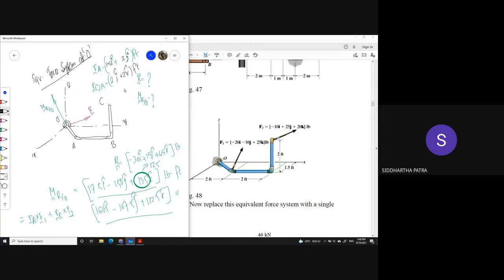So I can find out that RC with respect to the origin is 1.5i plus 4j plus 2k in feet. So these are the position vectors you are using, right?